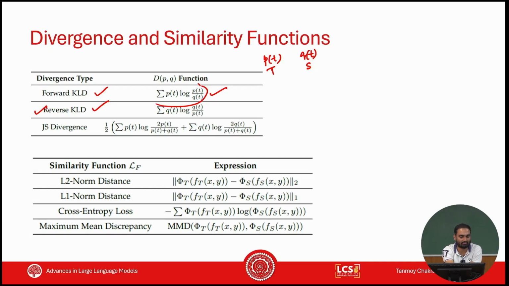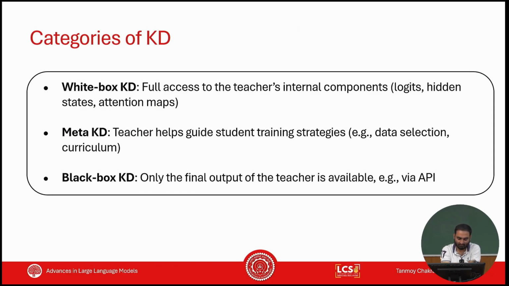The reverse KL divergence is just the reverse one, so QT log QT by PT. You can also use Jensen-Shannon divergence and so on. For layer-wise distance calculation, you can use L2 norm, L1 norm, cross entropy, and so on. All these types of loss functions were used in different methods.